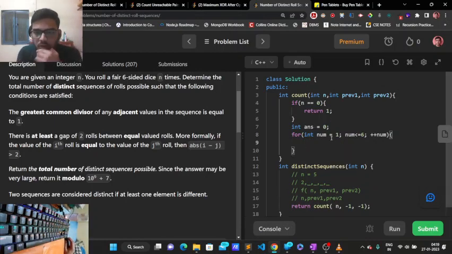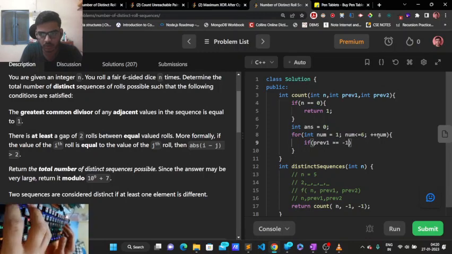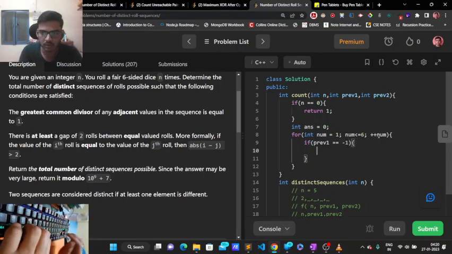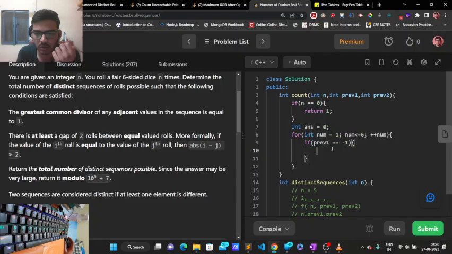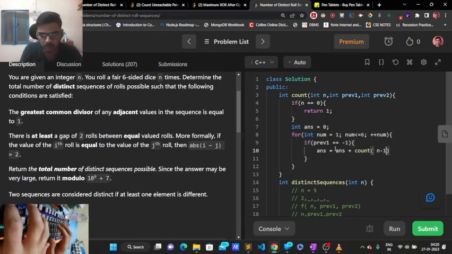At the nth place, we can have a value from 1 to 6, as we have been given a 6-sided dice. And if PRV1 is -1, that means we are just starting to roll the dice. We have not rolled a die a single time. Then we will roll the die.